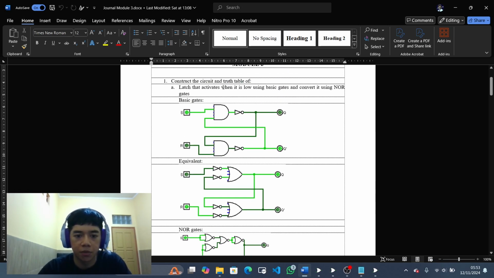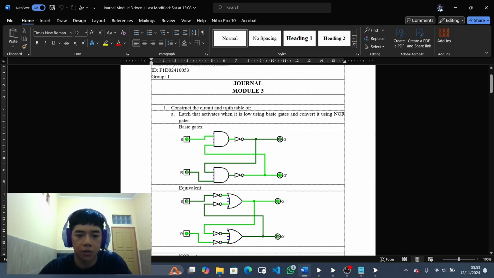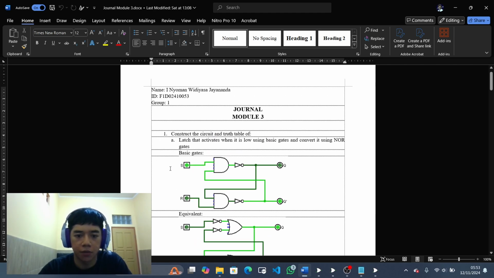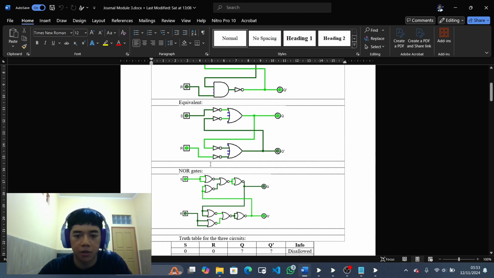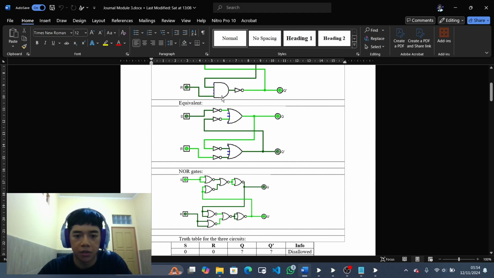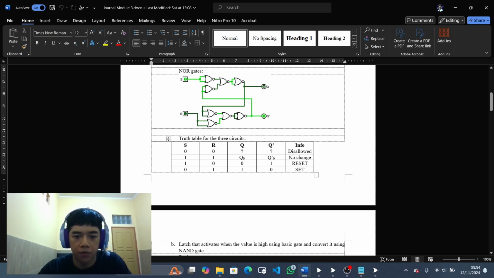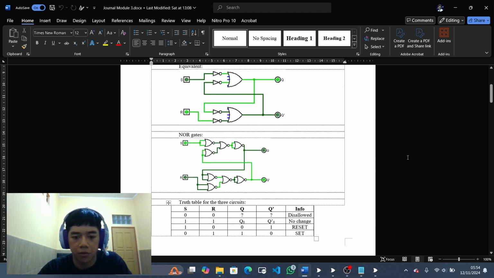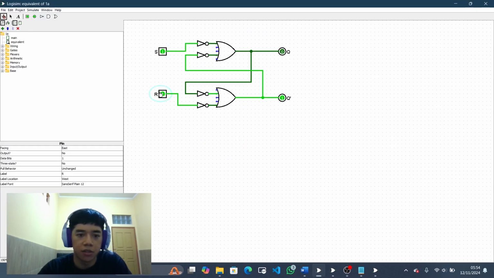One thing to remember is that I'm using some type of an SR latch. So the S for the active low is at the top, while the R is at the bottom, set and reset. And this follows the same principle as what we've been taught before during class. Truth table for the three circuits: when S is 0 and R is 0, it's actually 1 and 1, but why is it not allowed?